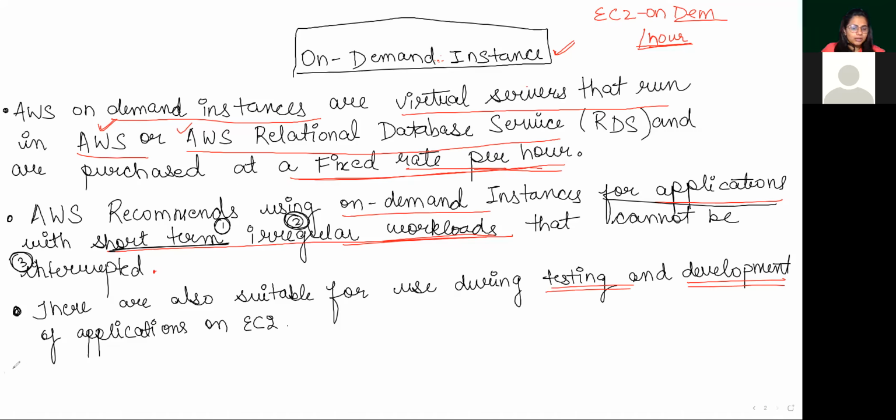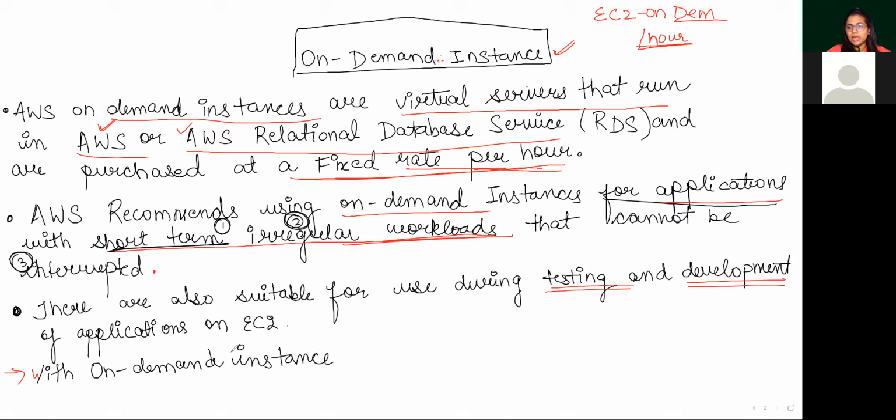Then comes the question, with on demand instances, what do you mean by irregular workload?